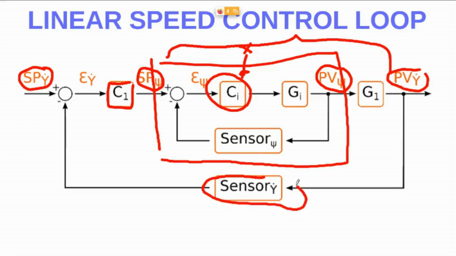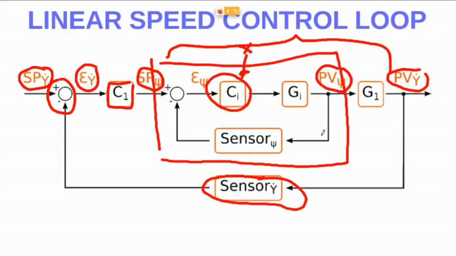We measure this real value, we compare it with our reference, we get the control error, and then this control error must be manipulated by the mathematical law within this controller. This is the controller action of the linear speed controller. But at the same time, because it's a cascade control loop, the controller action of the outer loop, of the main loop, is the set point of the auxiliary or inner loop.